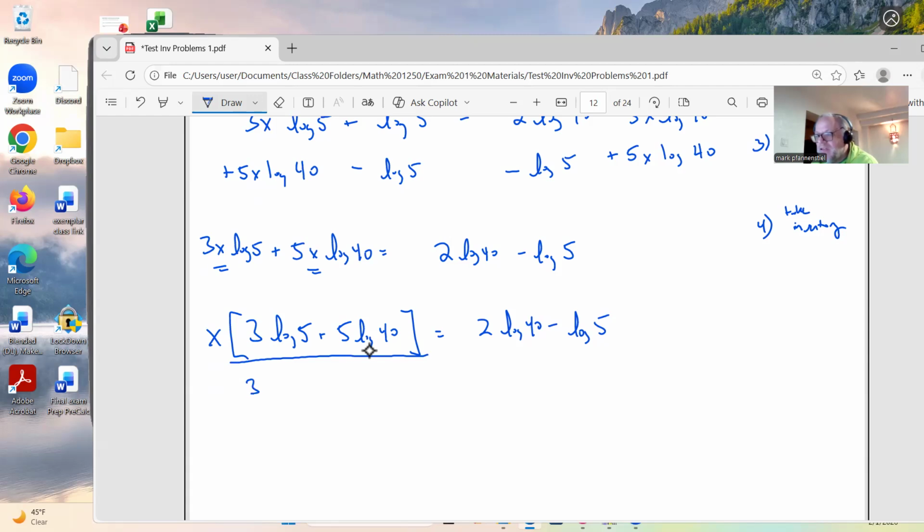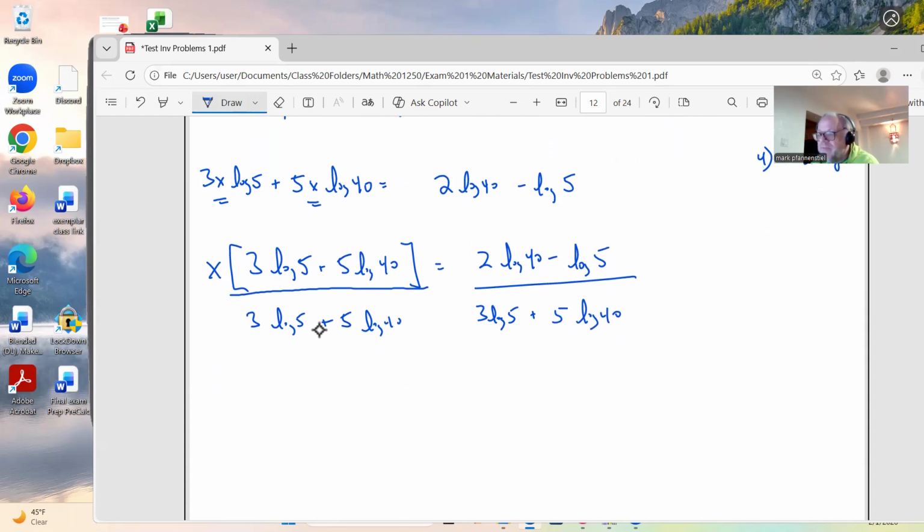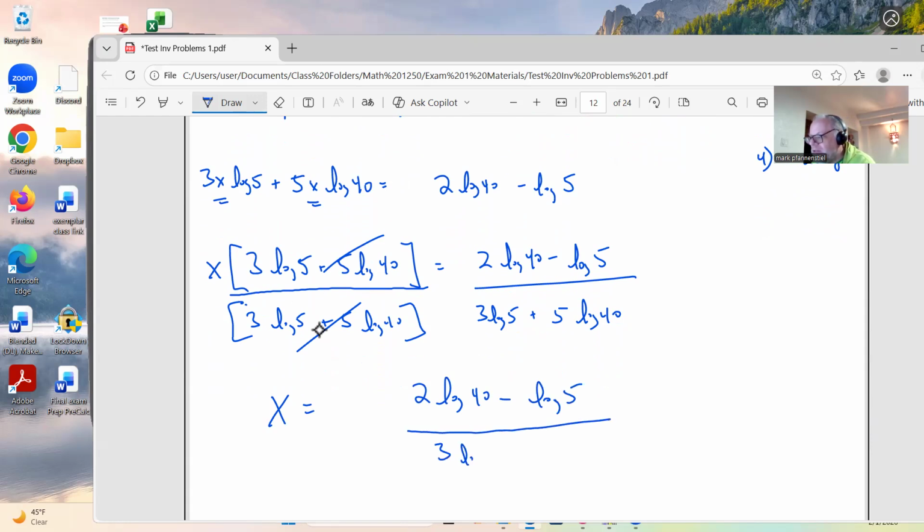So we divide both sides by 3 log 5 plus 5 log 40, and on the left these cancel, since they're multiples of each other. So we end up with x equals, and here we're done: 2 log 40 minus log 5, all divided by 3 log 5 plus 5 log 40. And that would be our answer.